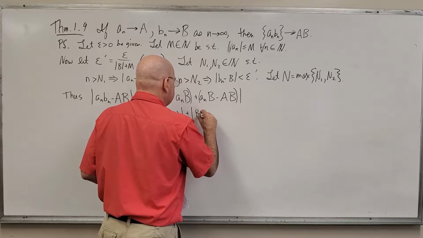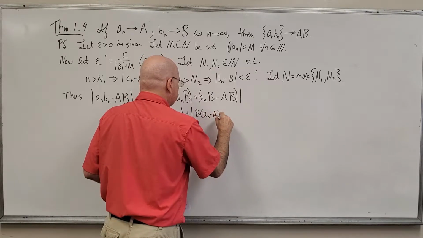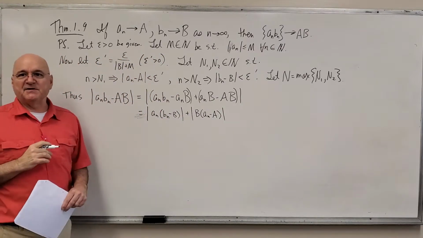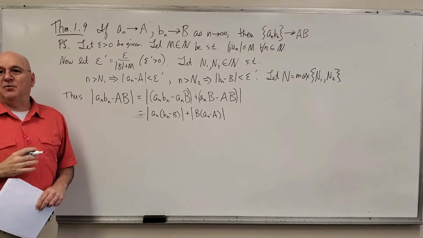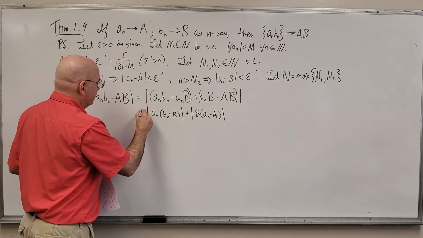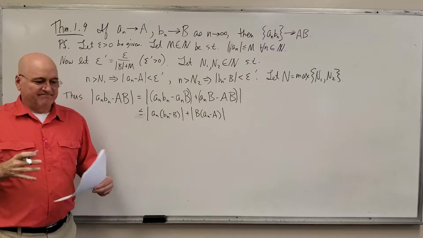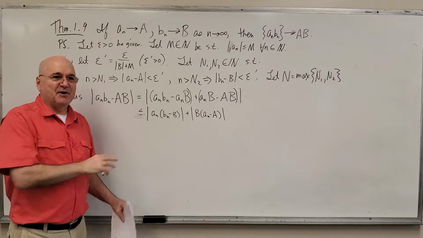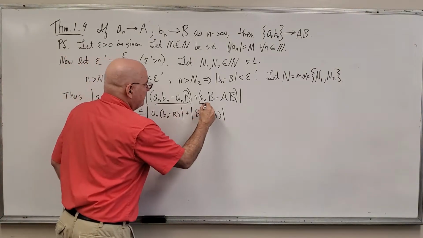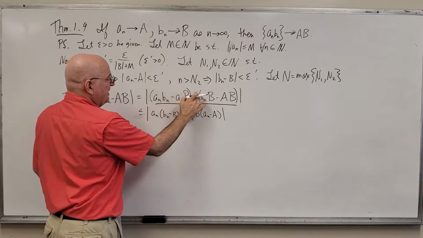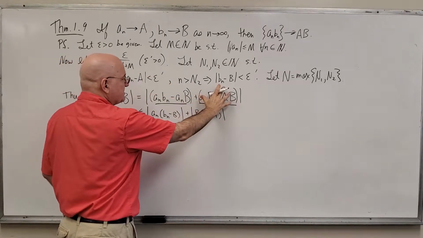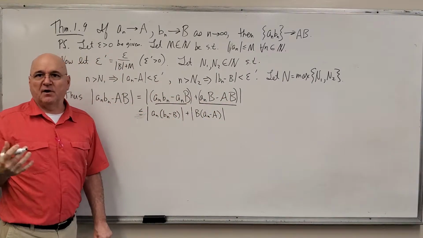Factor out the B, an minus A. There's one thing I'm going to change on that line, and it's not going to be equal anymore. Since I did two things in, yeah, exactly right, Namdi, it's less than or equal. I had these as two separate lines in my notes, but I'm running out of room, so I did two things at once. So the absolute value of this plus this is less than or equal to the absolute value of the first one plus the absolute value of the second one by the triangle inequality.